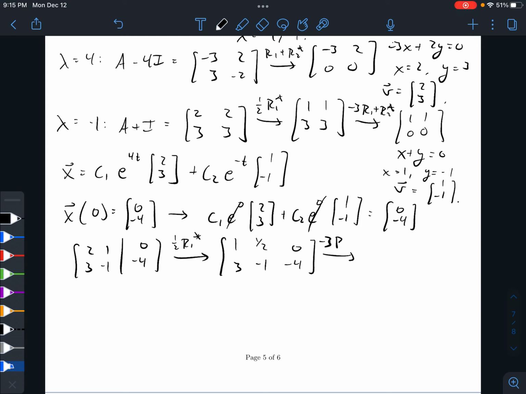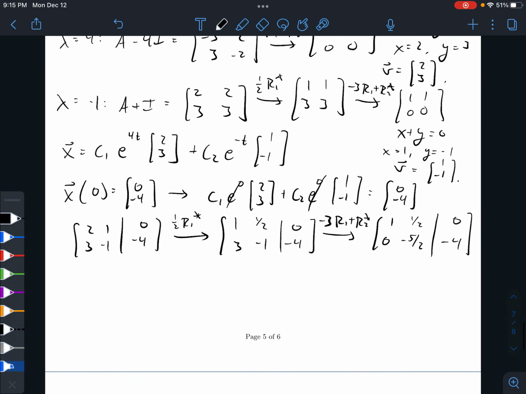We'll do negative 3 times row 1, add it to row 2. Negative 3 halves minus 1 is negative 5 halves. And then that just stays at negative 4.